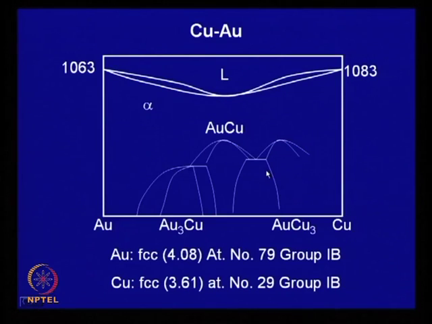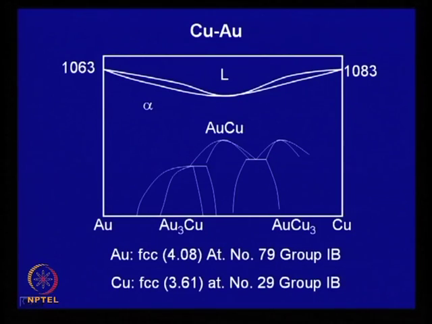Now, let us look at another case where there is a slight deviation in their size factor, like the copper-gold system. Copper-gold system, see at high temperature it has an isomorphous system here, it shows a minimum somewhere in between, and down below you will see there are some changes when you go to lower temperature, where the deviation effect shows up.